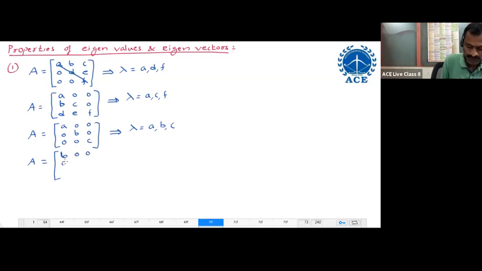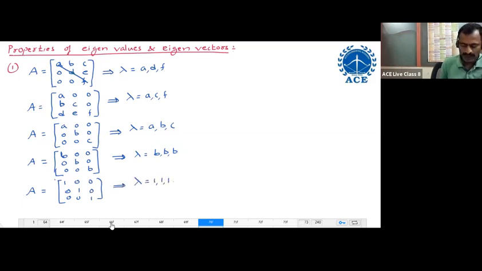Next, B 0 0, 0 B 0, 0 0 B. For this matrix, eigenvalues are its diagonal elements B, B, B because it is a scalar matrix. Next, 1 0 0, 0 1 0, 0 0 1. For this matrix, eigenvalues are its diagonal elements 1, 1, 1.